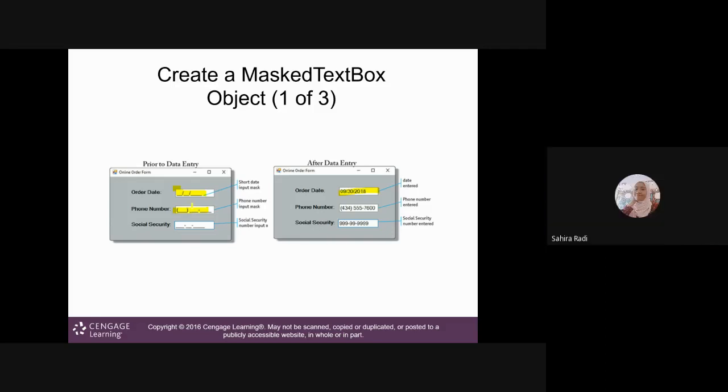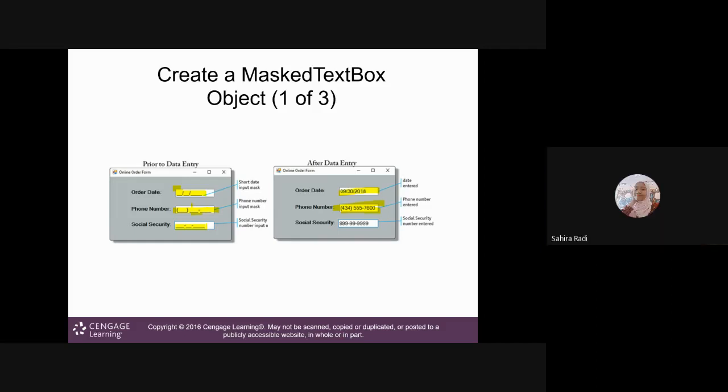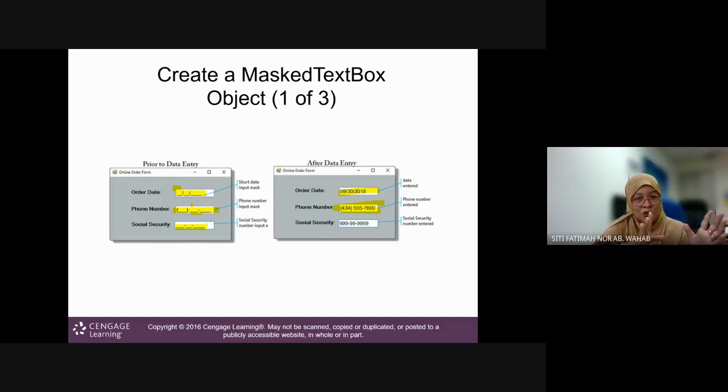Lepas tu ada 3 nombor, the following numbers. Yang ni dia ikut negara lain, bukan negara Malaysia ni, okay. The social security, kita tak ada social security, kita ada kad pengenalan. Sama juga, 6 nombor dekat depan, 2 nombor kat tengah, 4 nombor dekat belakang.